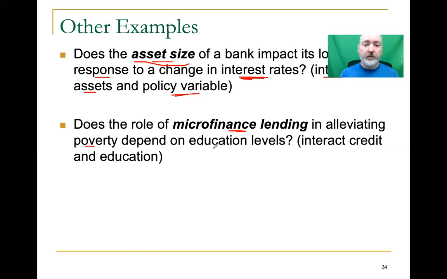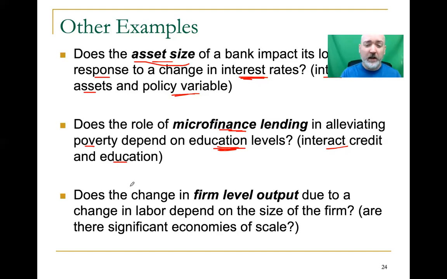Well, we might expect individuals, households with higher levels of education might have a greater marginal benefit from that lending. They could have a greater return on investment on average. So that line would be a little bit steeper. So we're not looking directly at the effect of education, but its indirect effect on the utilization of microfinance lending. So we would interact X and Z yet again.